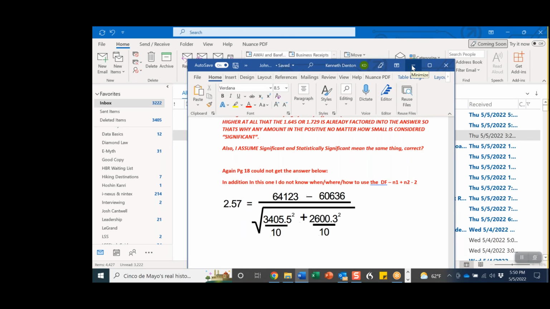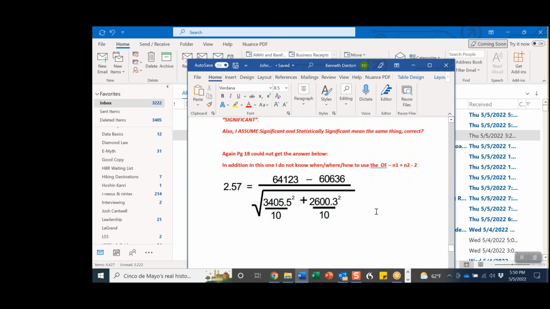So you need two things here. You need to calculate the statistic, right? Oh, you got to switch back to you. I'm not seeing what you're doing. Well, I'm not doing anything. I'm just talking about that formula that's on there. Oh, okay. Where it says 2.57 equals that stuff. Right.